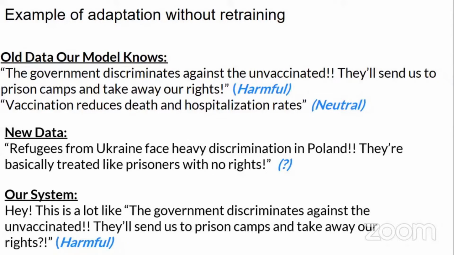So it would recognize the similarity. That's a lot like "the government discriminates against the unvaccinated. They'll send us to prison camps and take away our rights." So it can detect the similarity between this new example and the other example from another domain. And this way it can make an inference that this should be classified as harmful.